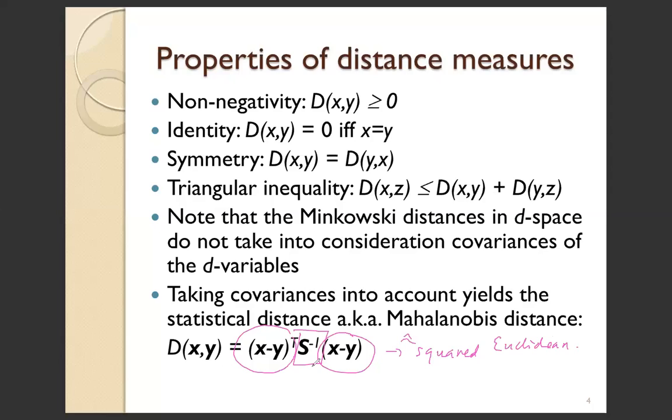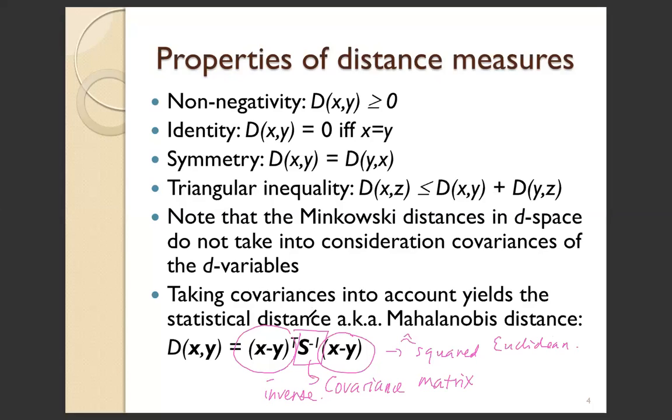So this is your covariance matrix inverse. So it takes into account the covariance between your variables.